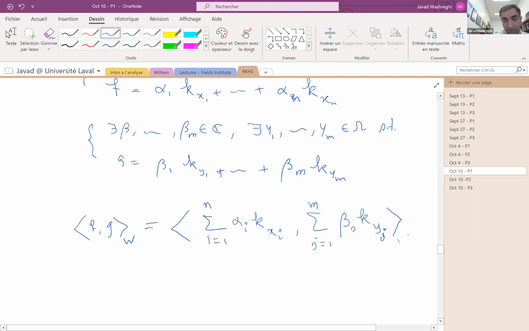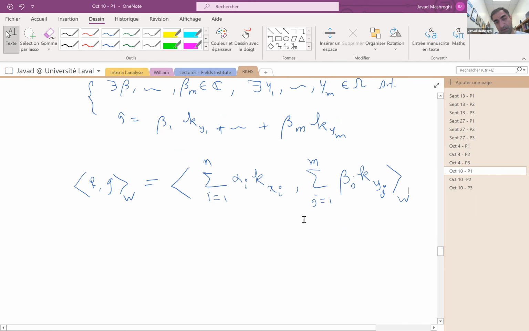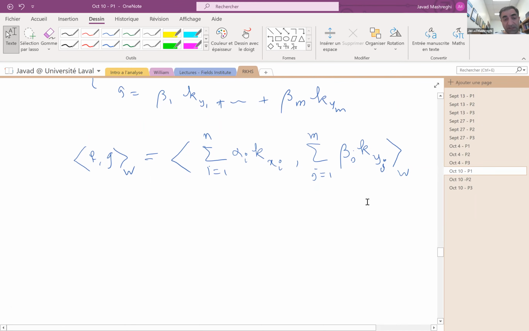Okay, I want to define this. Since I want to have an inner product, it has to be linear with respect to the first component and conjugate linear with respect to the second component. So at the end of the day, this should be equal to the sum i from 1 to n, j from 1 to m, alpha i beta j bar, the inner product of k x i and k y j in W.